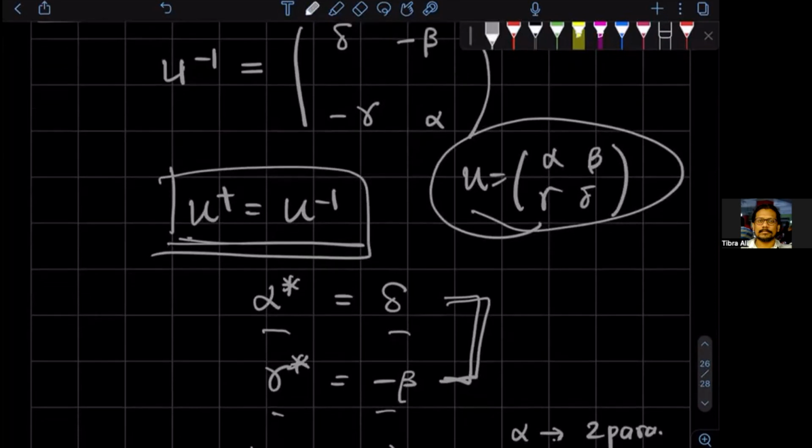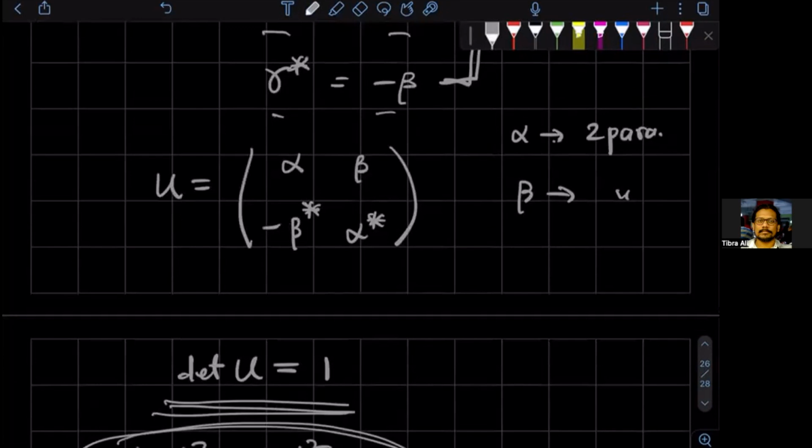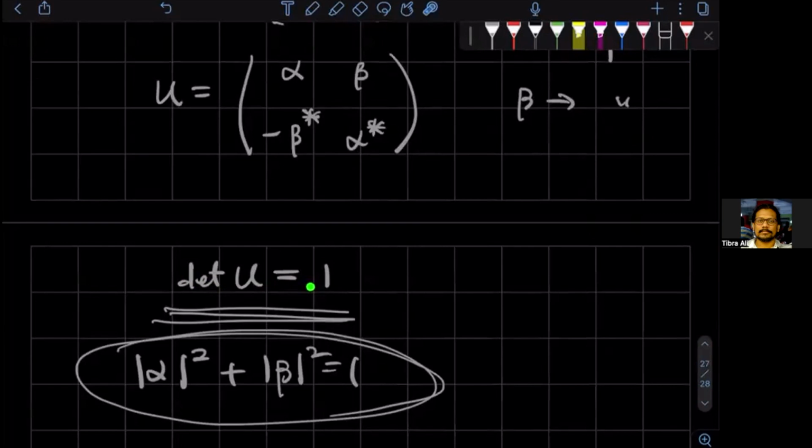So I use this to get rid of 2 of the complex parameters in U and write U in terms of alpha and beta. So I've written U in terms of 4 parameters, not independent. And I have one further condition to impose: the determinant of U is 1, which in these parameters comes out to this. Do you follow?